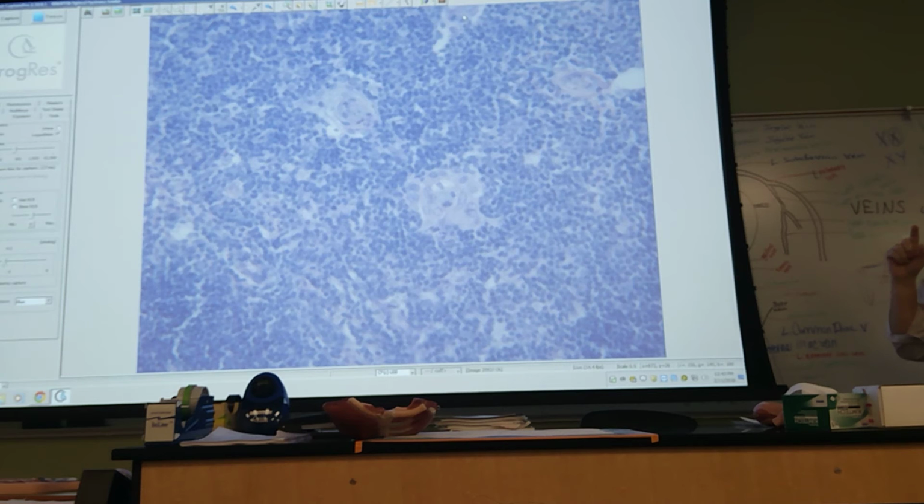Please come to Lab 1 being able to identify a thymic corpuscle versus a central artery. The likelihood is very high that they will both appear and ask you for them.